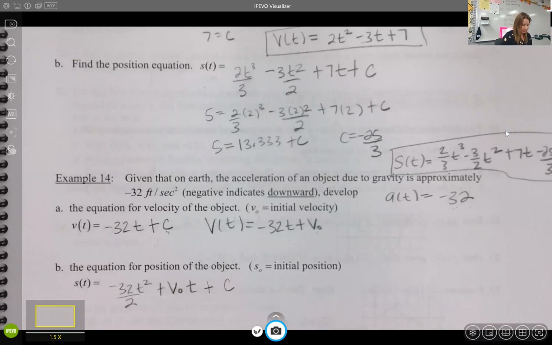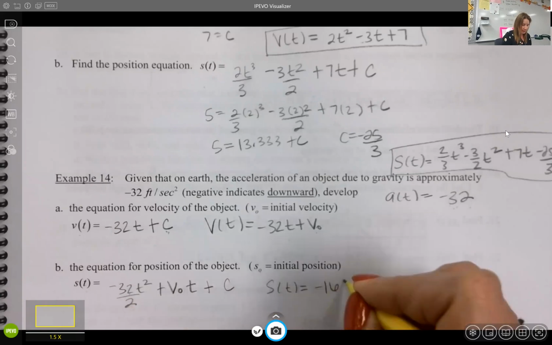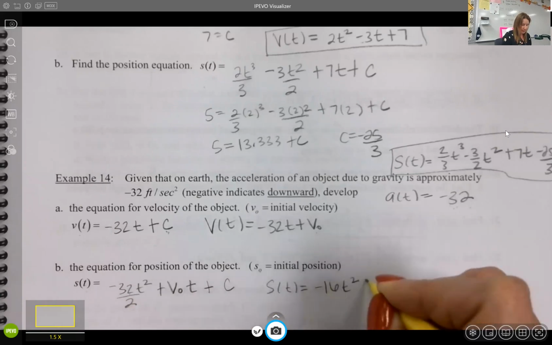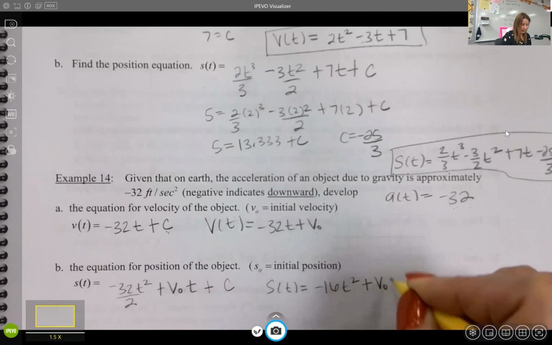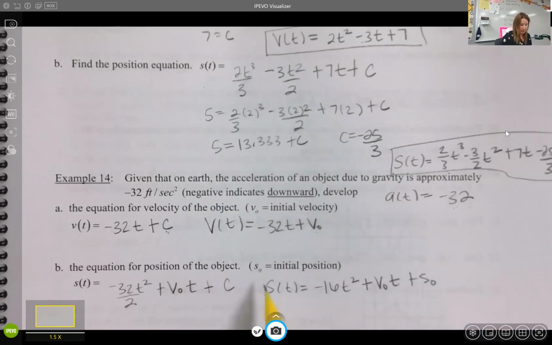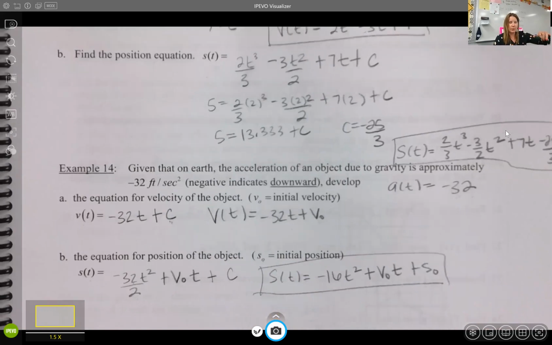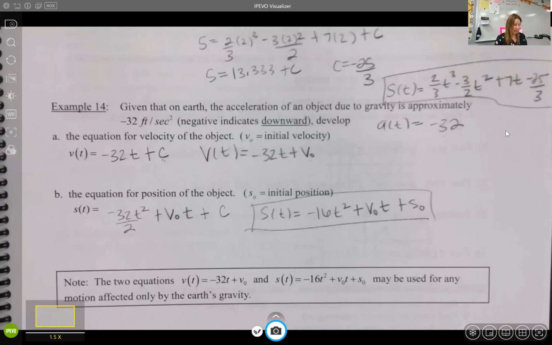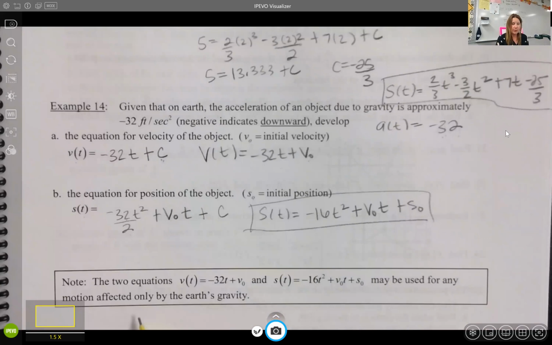But initial position represents your s0, okay? So negative 32 divided by 2 is negative 16 t squared plus v0 t plus s0, which represents our initial position. Does that look familiar? Yeah, that is your equation when we talk about motion affected by the Earth's gravity.